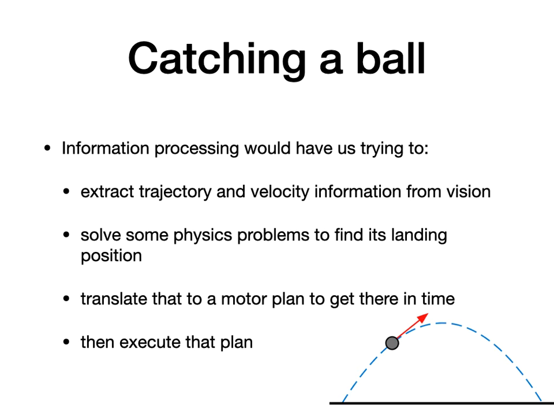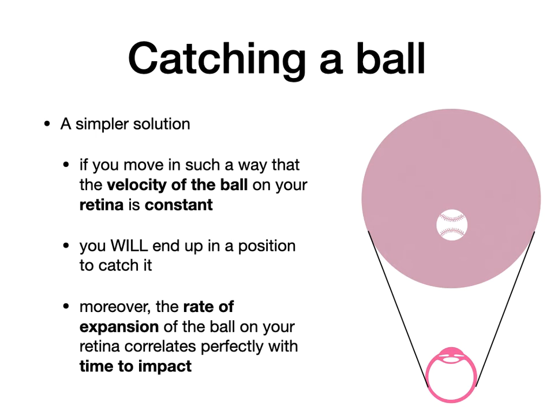Now, I've shown you a lot of ways that neurons are very powerful and very quick at pattern matching things, but there's a reason we don't do this, and that's because we don't need to. There's an interesting property of physics and geometry that allows us to use something way simpler to catch a ball, any ball.